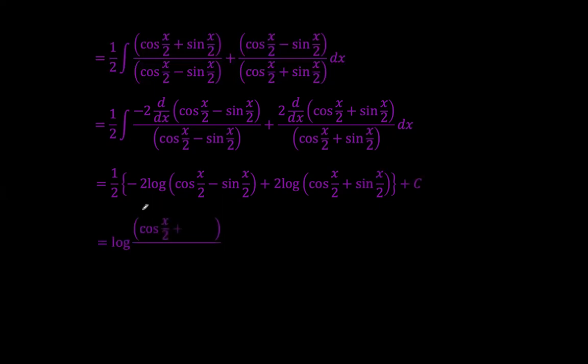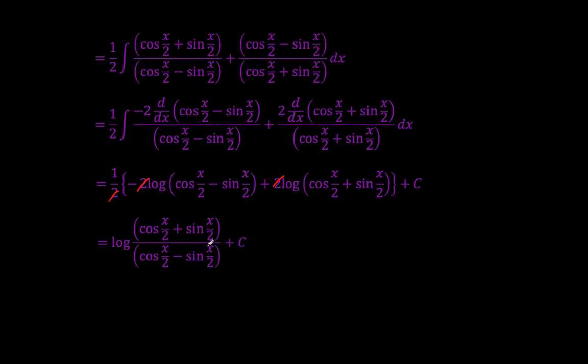So this half here goes with that and that. And then using the rules of logarithm, when you have a minus, you divide whatever is under the log function. So we have cosine x over 2 plus sine x over 2 divided by cosine x over 2 minus sine x over 2.